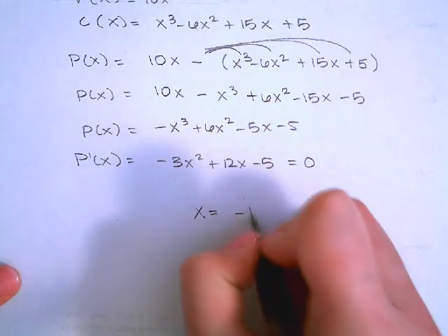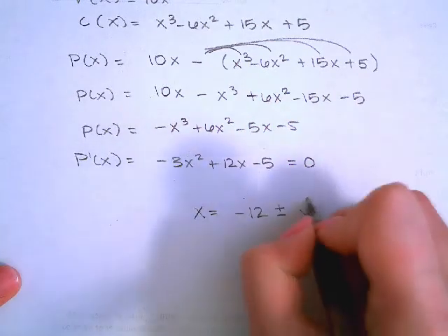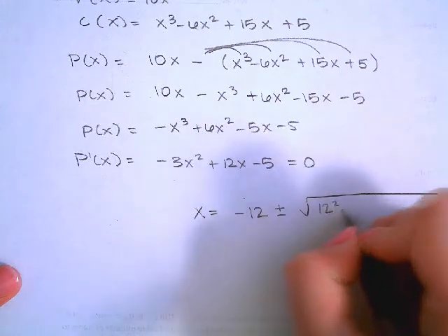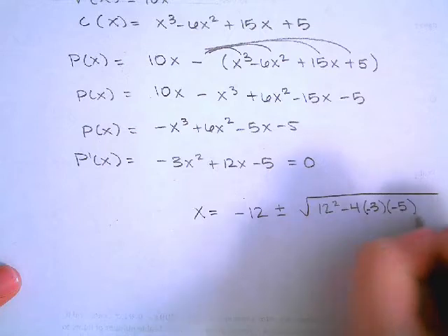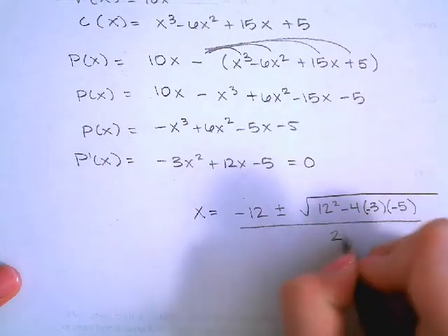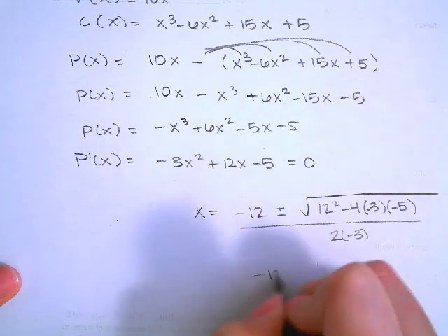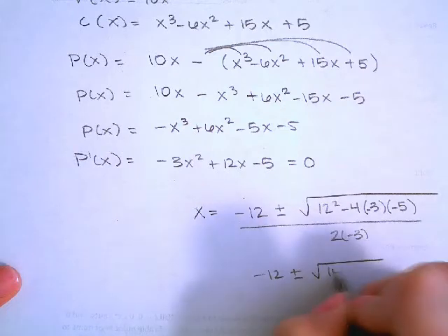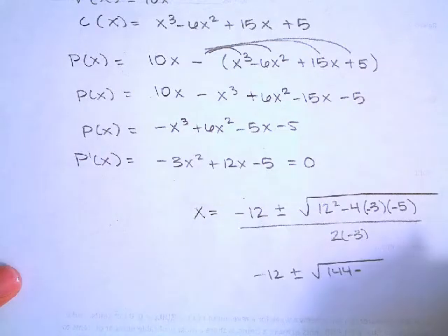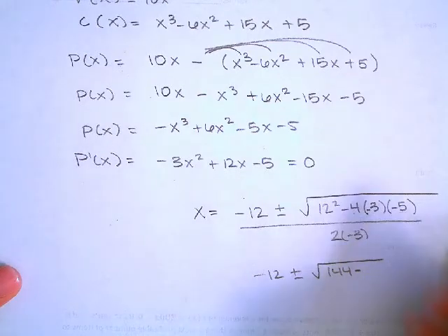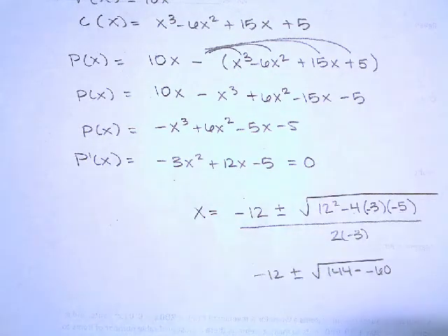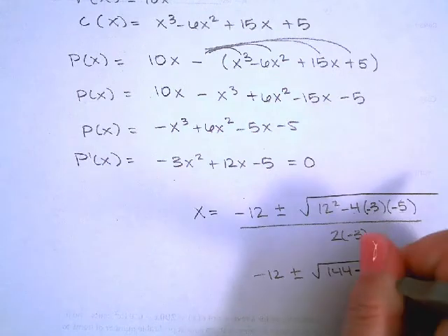So we've got negative 12 plus or minus the square root of 12 squared minus 4 times A times C, divided by 2A. Negative 4 times positive 15 is negative 60. Too many minuses there. Just minus 60.